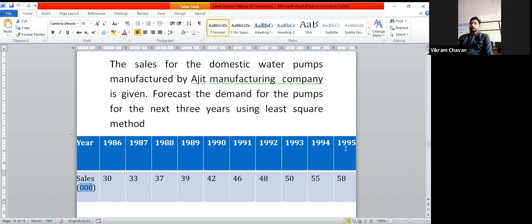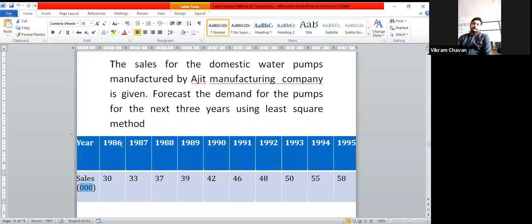Now, what is the difference of this problem from the previous two problems? The previous two problems had an odd number of data points.